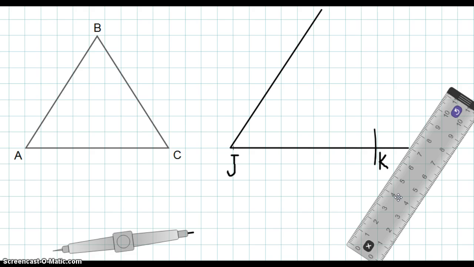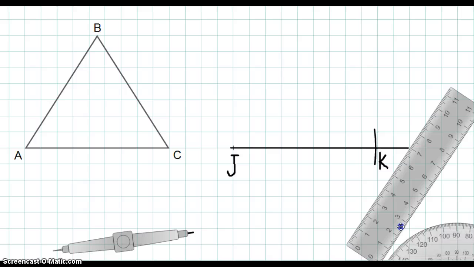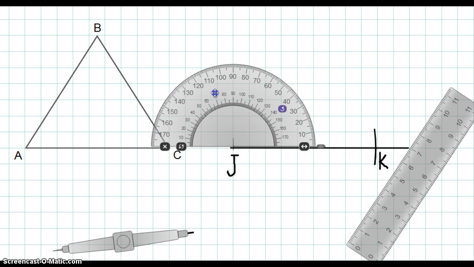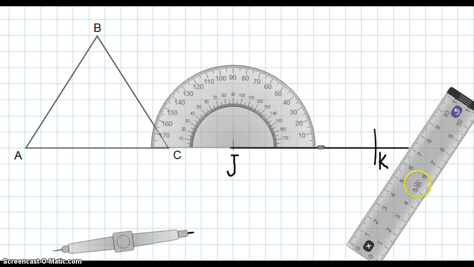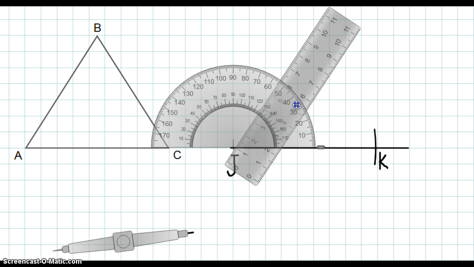Actually, hold on a sec. It doesn't look like the line started at point J, so I'm going to try that one more time. So from point J, and from there it should be 63 degrees. So let me try that one more time.